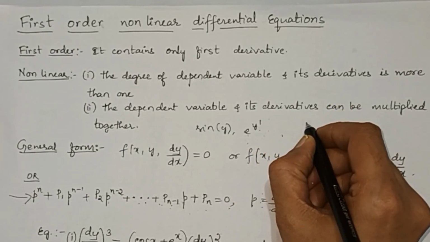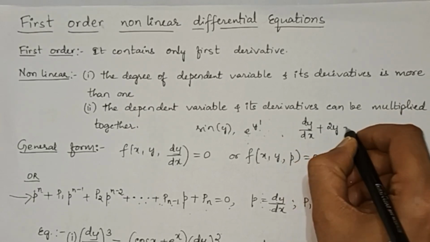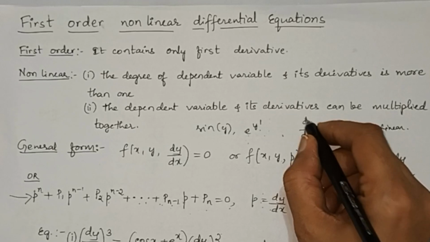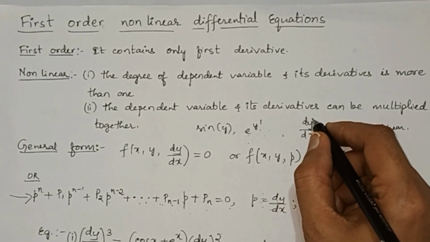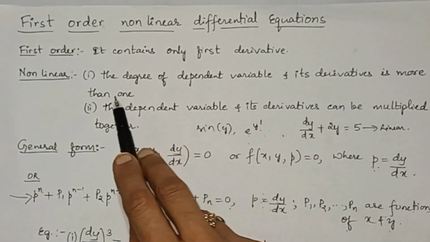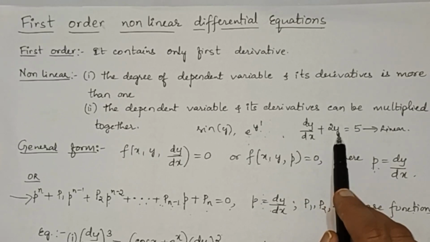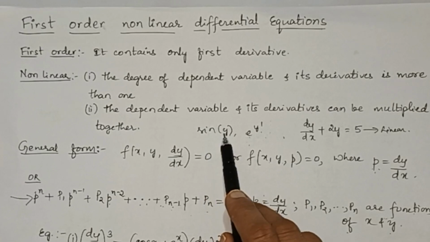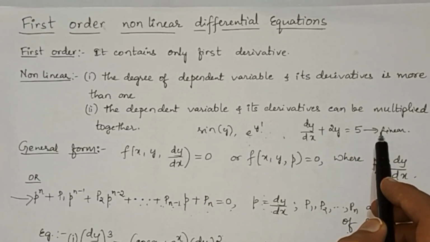See, for example, dy by dx plus 2y equal to 5. This is a linear differential equation because the degree of the dy by dx term is equal to 1, you do not have the derivative and the dependent variable multiplied together, and the power of y is also equal to 1. You don't have these kinds of nonlinear terms, hence this is a linear differential equation.